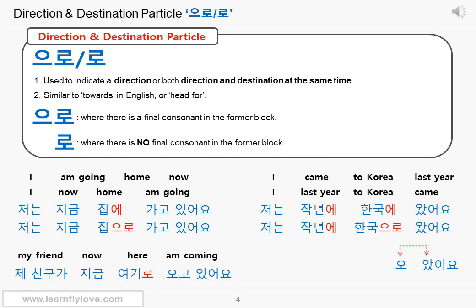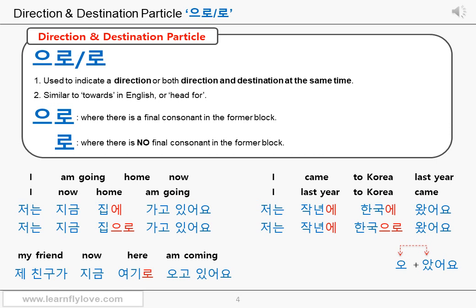So, now, 지금, here, 여기. 여기 is a pronoun, so you add a particle. You can of course add a destination particle, 에. But let's use the direction and destination particle, 으로, 로. 여기 plus 로. 여기로. Am coming. 오고 있어요.